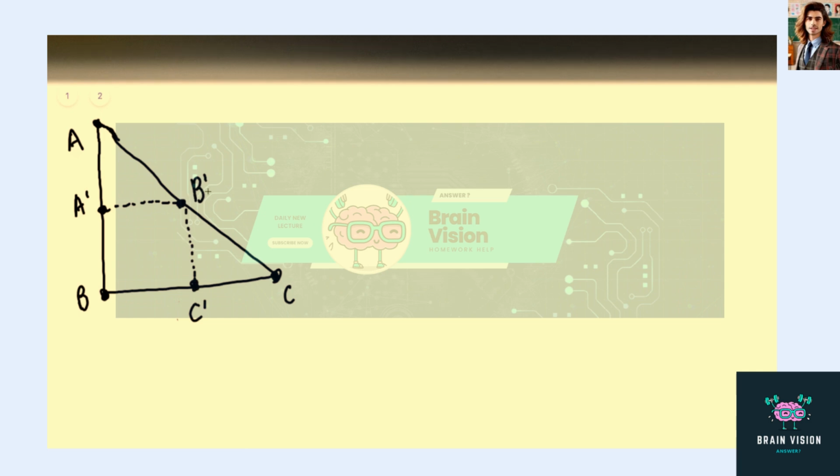So this B prime is considered the midpoint of AC. So we can say that the center of mass of AB would be considered A prime, and then the center of mass of BC would be considered C prime.